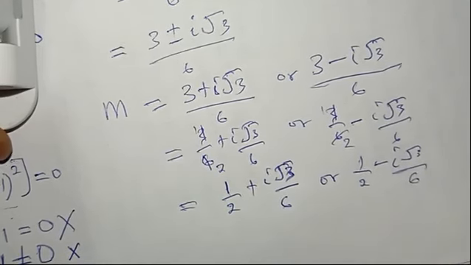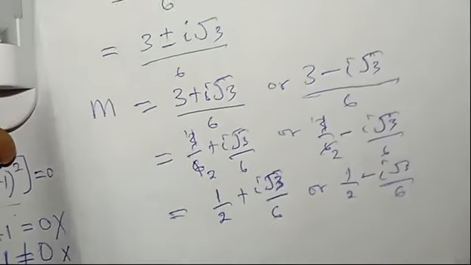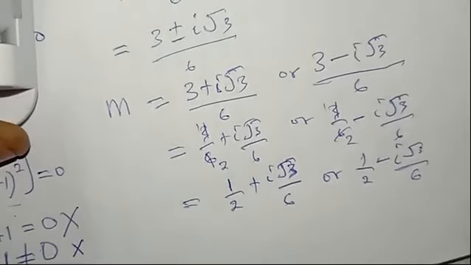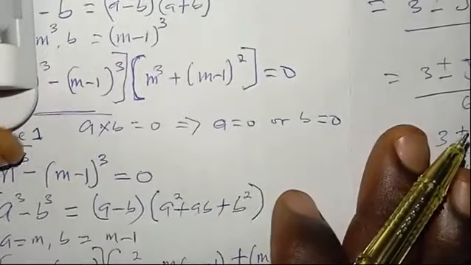So these are the two values of m we are getting right here. Having solved this, we can now come back to this place and continue with the second case.